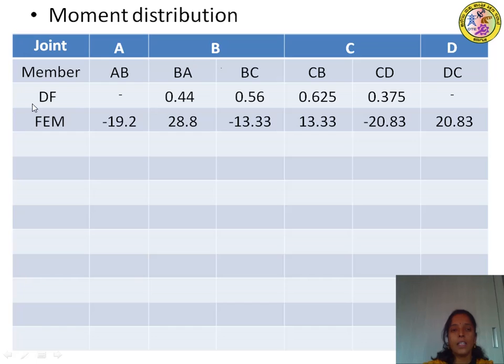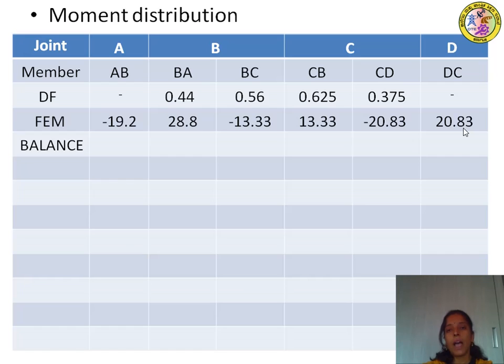So till this point, everything will be the same. Next is balancing. When both ends of a continuous beam are fixed, we will be balancing only the intermediate joints B and C. Whereas in this case, since joint D is a simply supported end, we know that the bending moment at a simply supported end is always equal to 0.